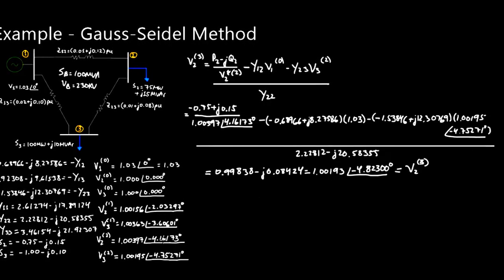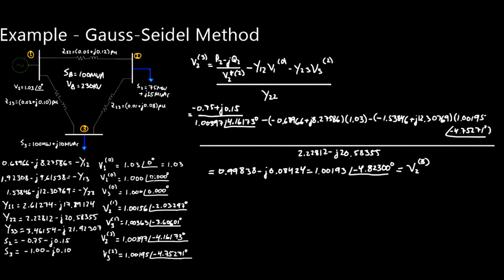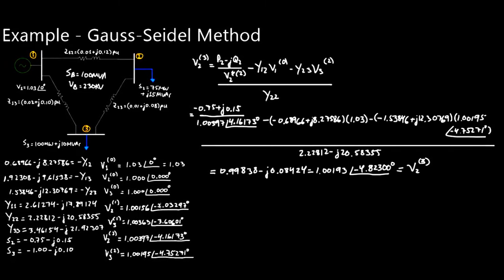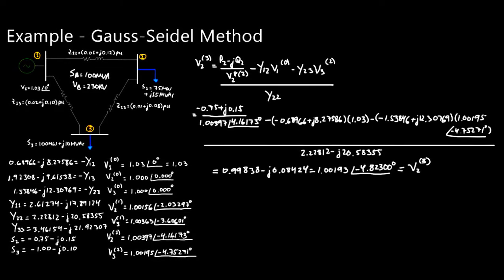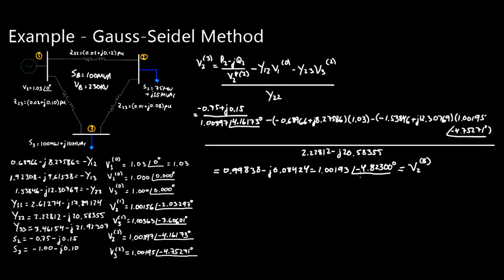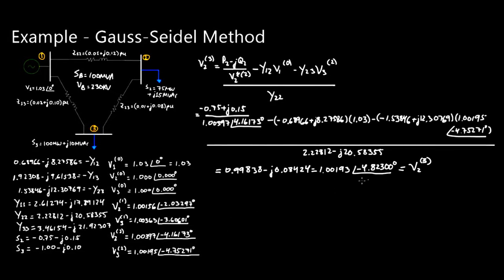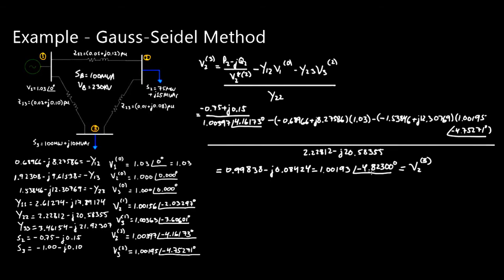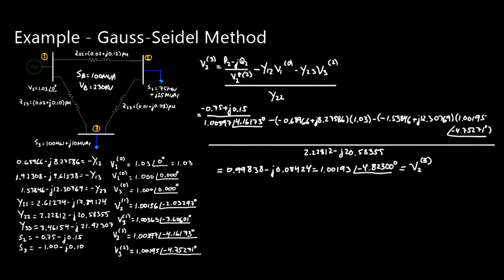And notice that the angle now didn't change that much. So between iterations 0 and 1 it went down by about 2 degrees, and then it went down again by another 2 degrees, but now it's starting to level off. So from iteration 2 to 3 it only changed by, looks like 0.7 degrees. So the angle is starting to converge.